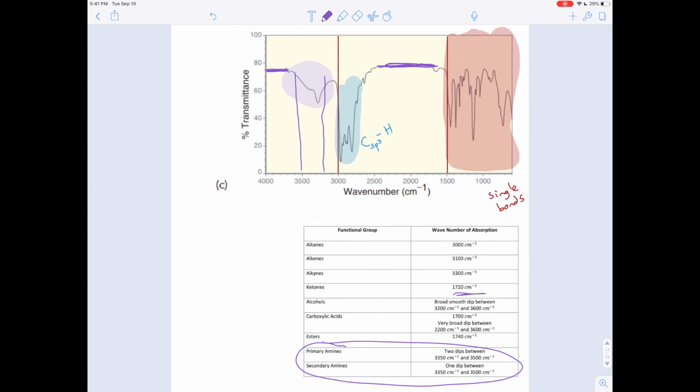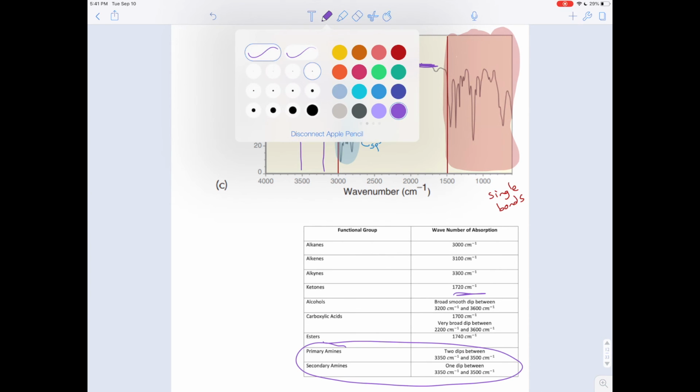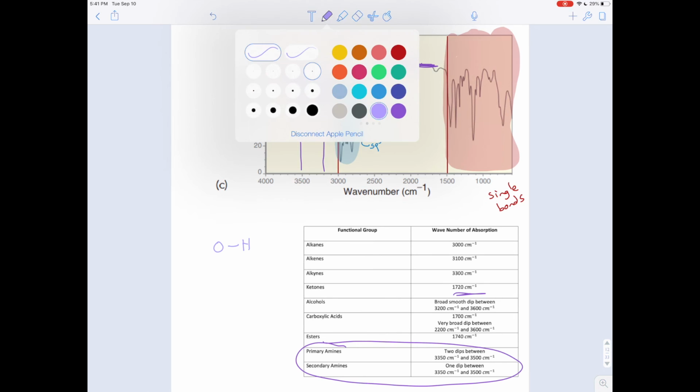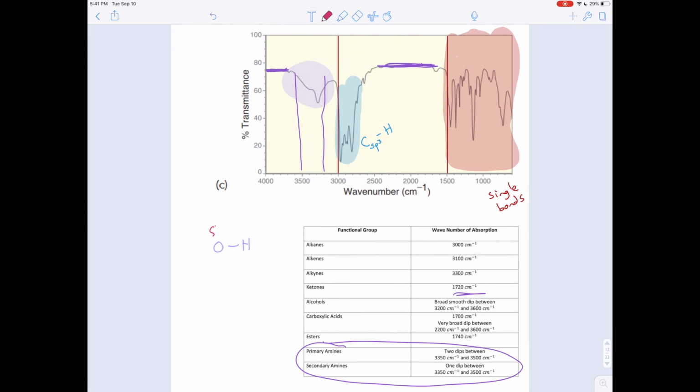These bonds respond better to light the bigger the dipole is. So something like oxygen to hydrogen, oxygen's very electronegative. It steals the electrons from hydrogen, gets a really big slightly negative charge, and the hydrogen gets a really big slightly positive charge. Look at the periodic table though. Electronegativity increases as you go up and to the right, and in the top right you have nitrogen, oxygen, and fluorine.